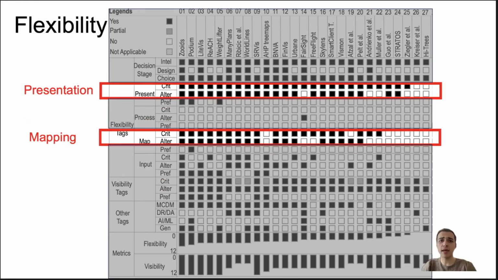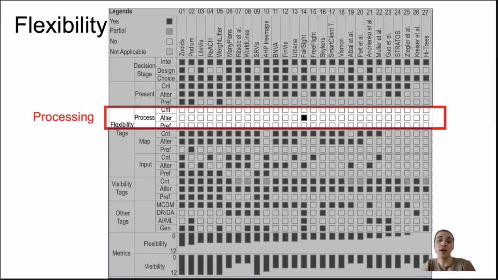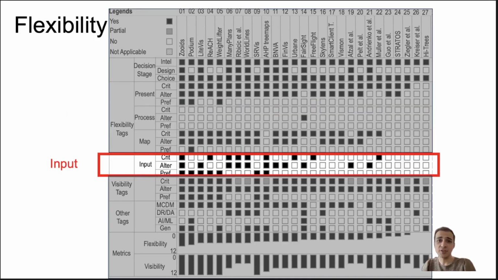While a remarkable amount of decision-focused visualization tools covered presentation and mapping level interactions, deeper analysis on mapping interactions revealed an interesting fact that I will discuss later. We also observed almost no support for interaction at processing level. Additionally, there was also lack of support for integrating decision makers' own knowledge about decision elements into visualization tool via input interaction.